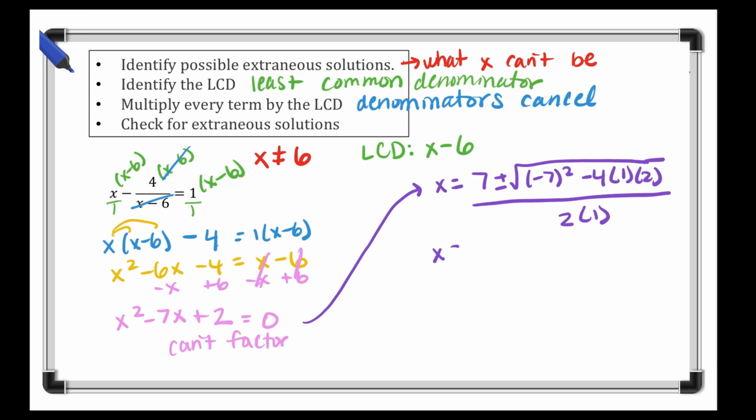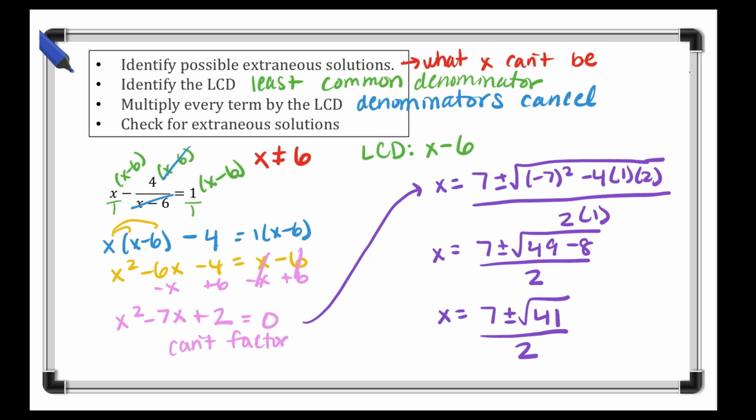So as you simplify this, you get 7 plus or minus the square root of 49 minus 8, all divided by 2, and x equals 7 plus or minus the square root of 41, all divided by 2. You cannot simplify that radical or simplify the fraction, so this is my final answer. And then as you compare, x cannot be 6, but that's not the answer that we got. So here is my solution.